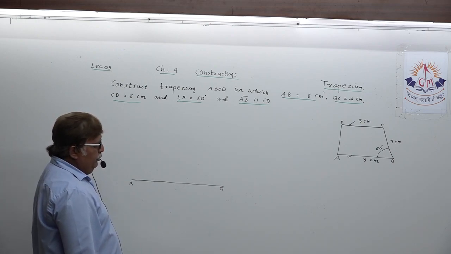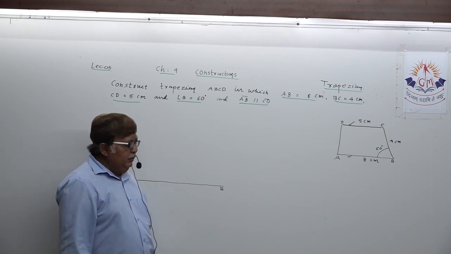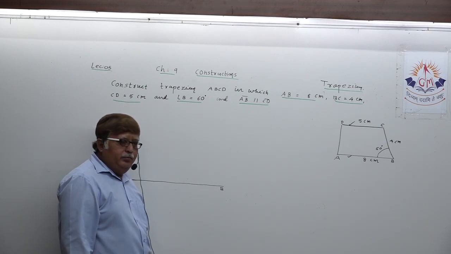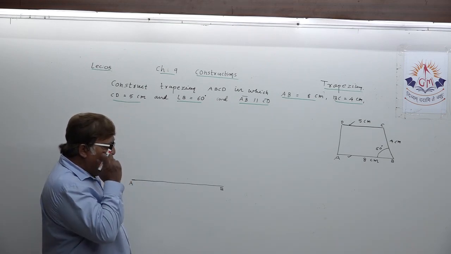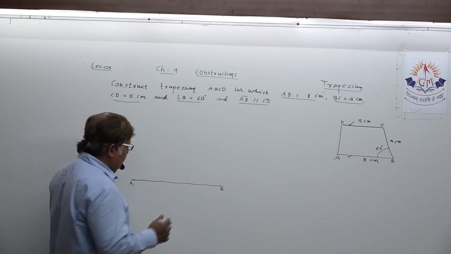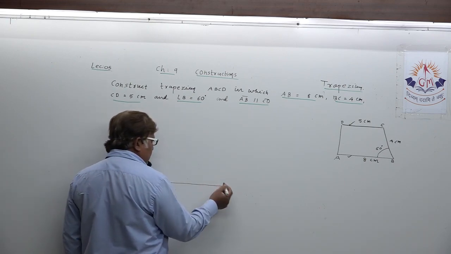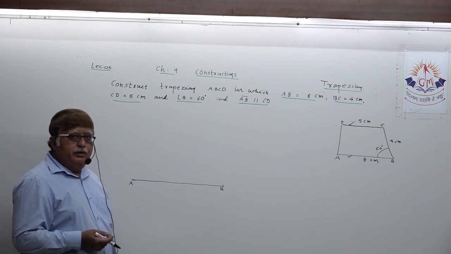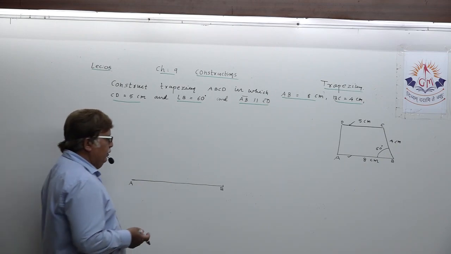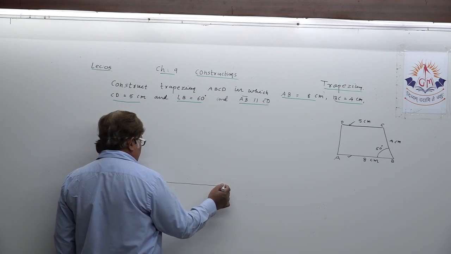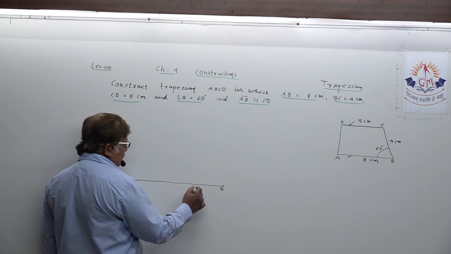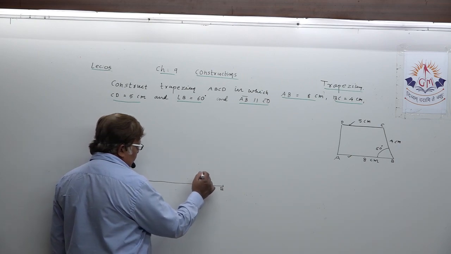Okay. Now, dear student, what is angle B? Angle B has been given 60 degree. It is already given. How can you draw it? You all know how to construct the angle of 60 degree quite easily. Center your compass at B. Take some appropriate radius and draw an arc.